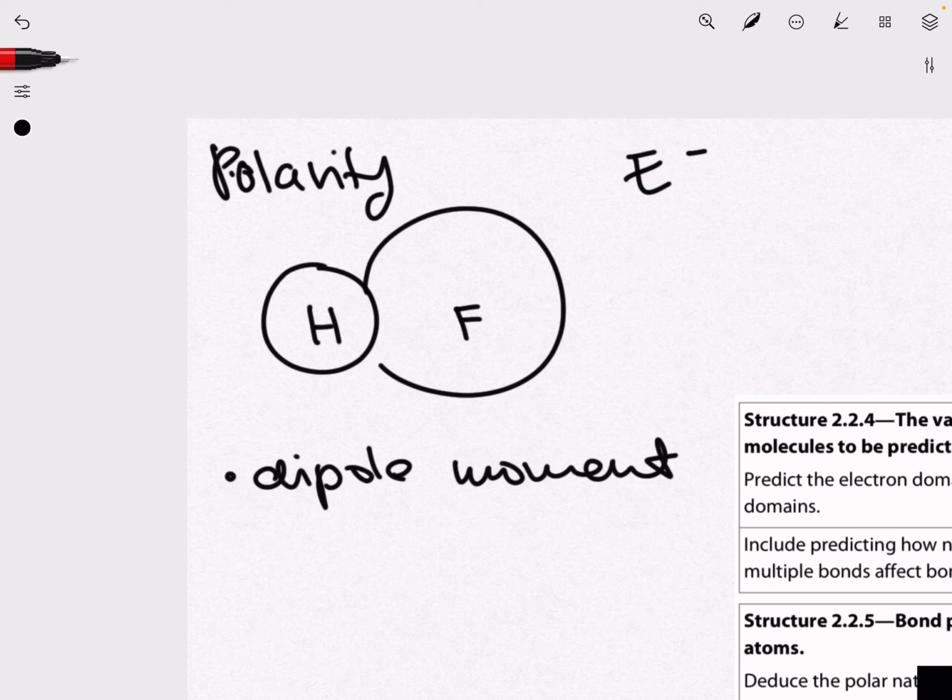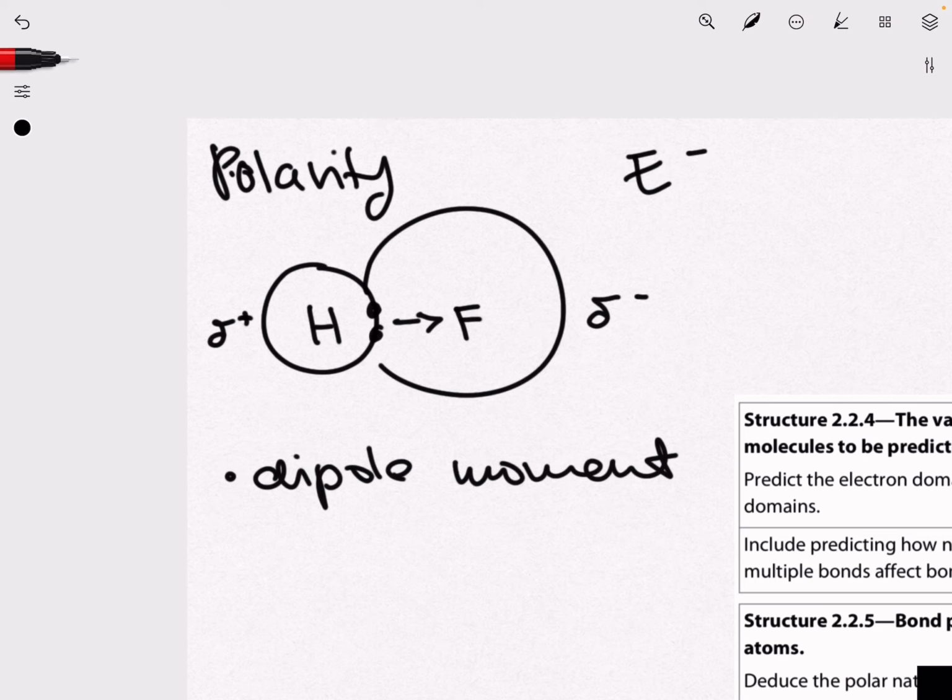So within this bond, fluorine is closer to the electrons than hydrogen, so this will have the highest electronegativity. So we will draw a little delta minus because it is partially charged. And on this side of the hydrogen, we'll draw a plus as it is partially positively charged, because we can envision the pair of electrons here being pulled closer to fluorine and further away from hydrogen.